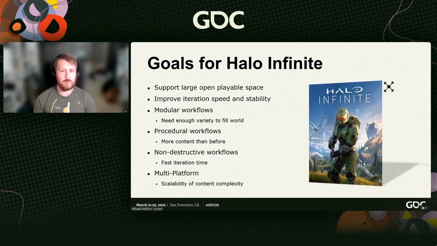That meant we had to improve our iteration speed and stability, which meant that we wanted to invest in modular workflows so we could fill the world with more variety, procedural workflows so we could make more content than ever before, and non-destructive so we could make it faster. And this time around, we were going to have to be multi-platform. We were no longer on a single platform. We had to support 9-year-old hardware with the Xbox One up until the high-end PC.